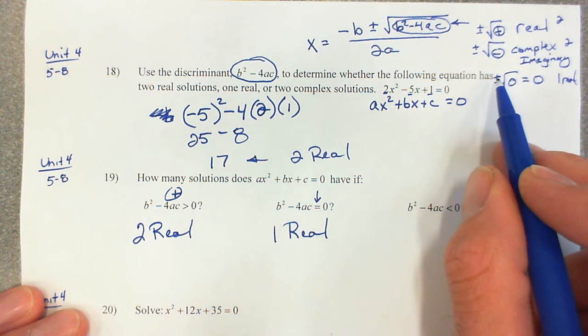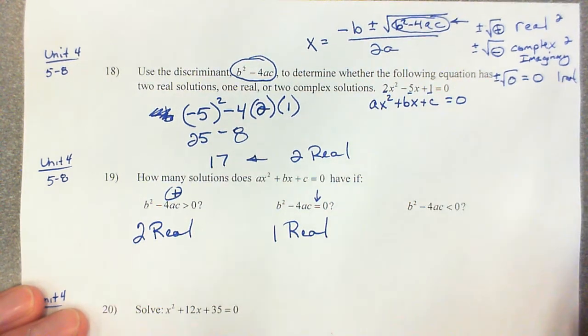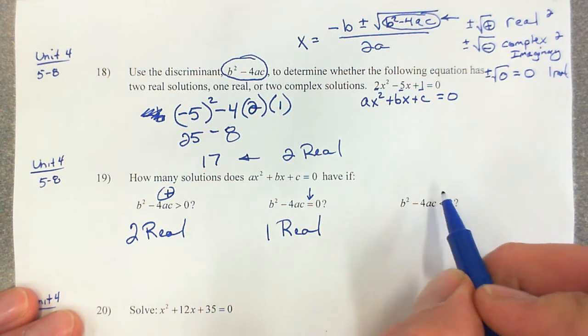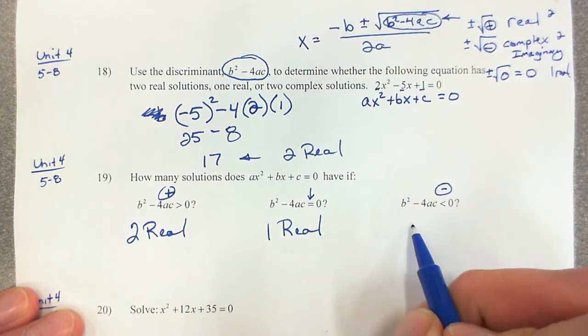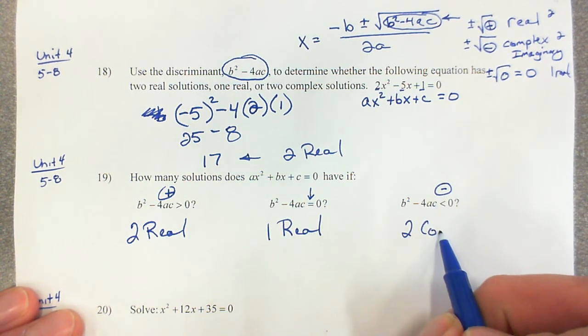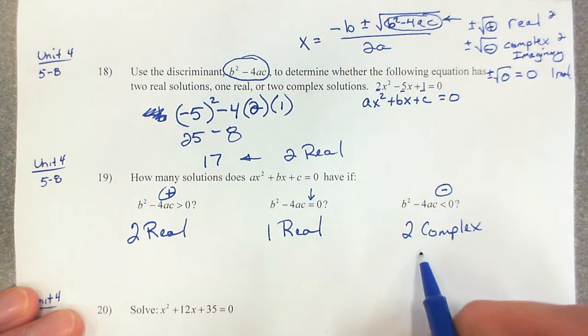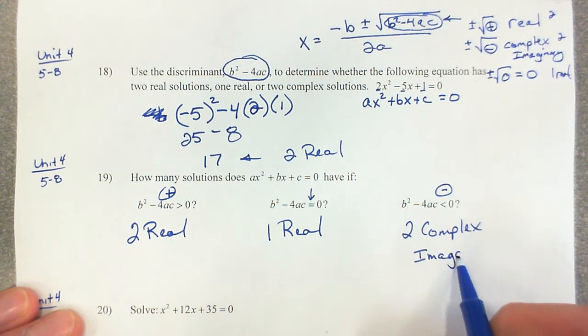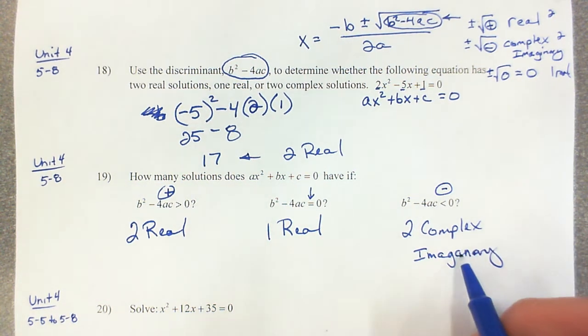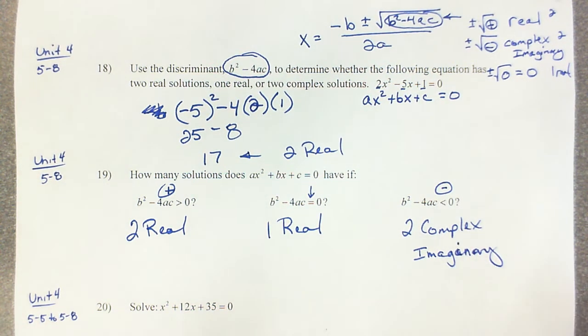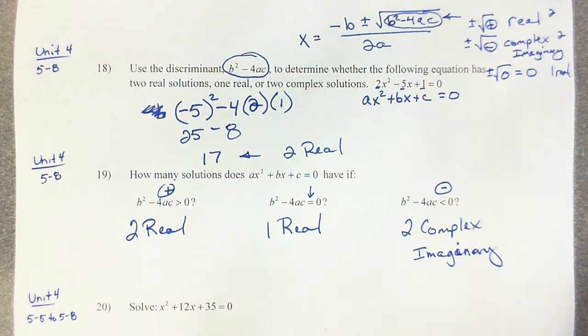That's a real number, and adding 0 and subtracting 0 gets you the same answer. And then here, if this is negative, if it's less than 0, that would be two complex or imaginary solutions. And this is an i, imaginary. Okay. So that's a discriminant.